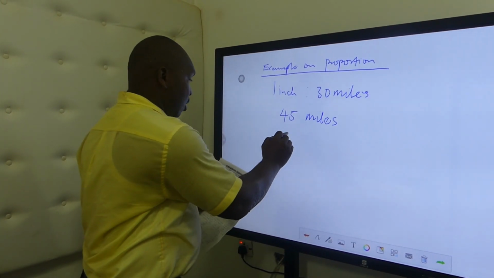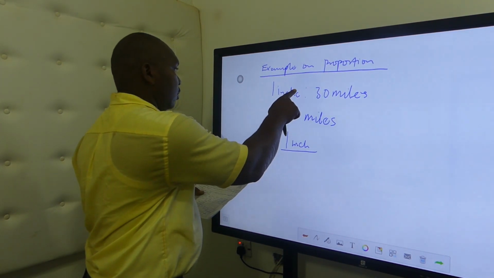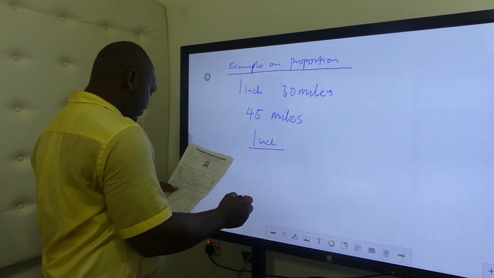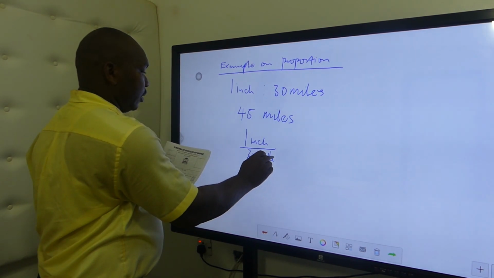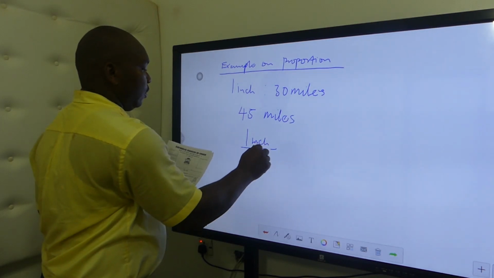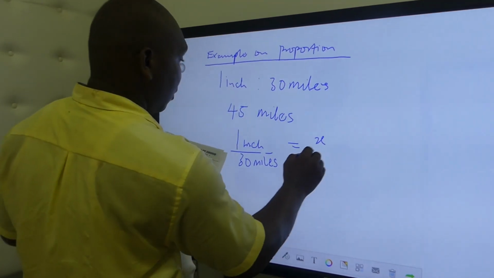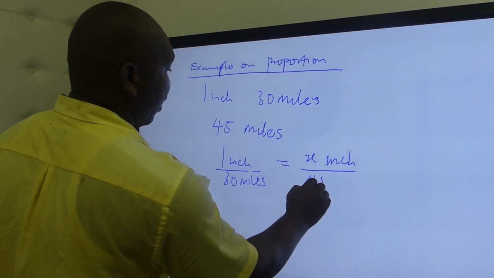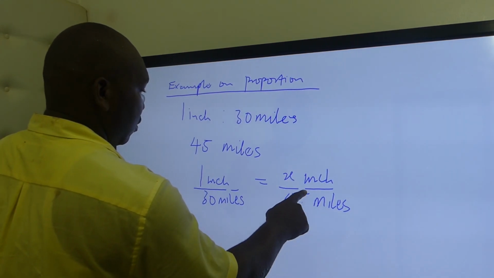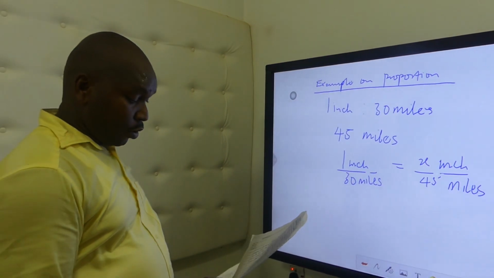So what you are going to do now is 1 inch over 30 miles is equal to x inch over 45 miles. So that is the example on the proportion we're going to do.